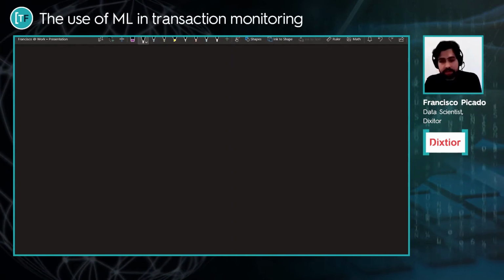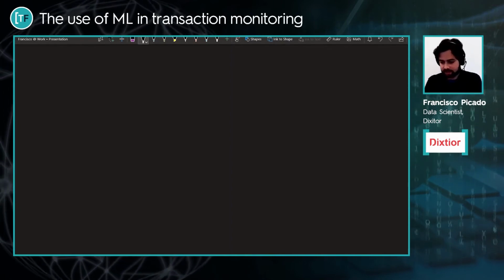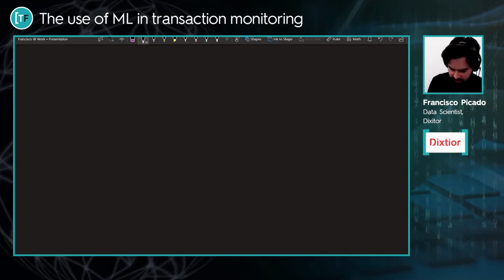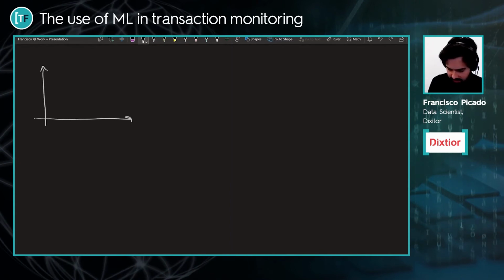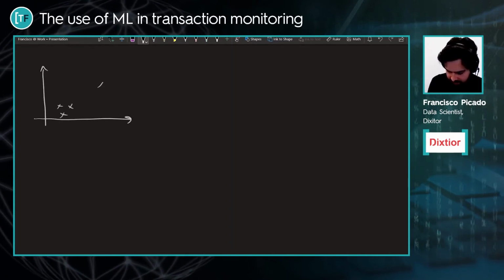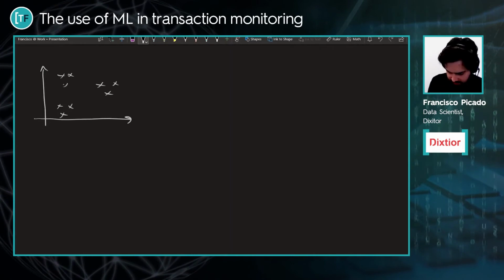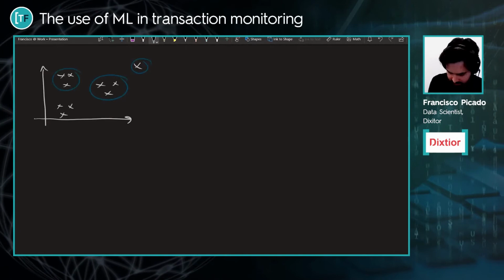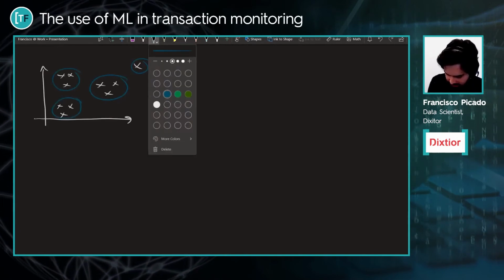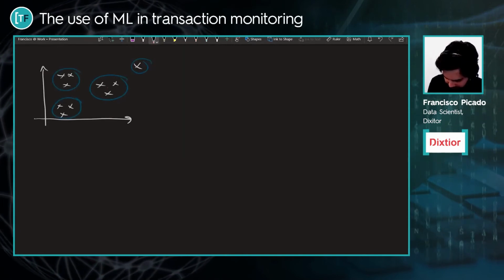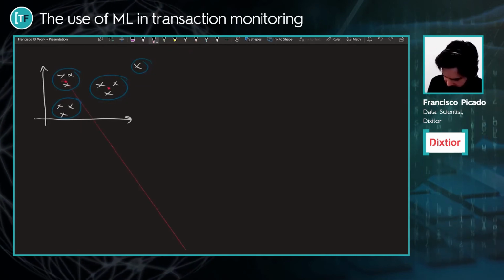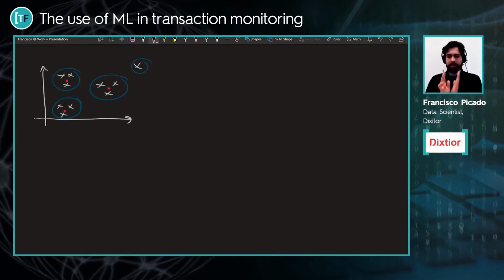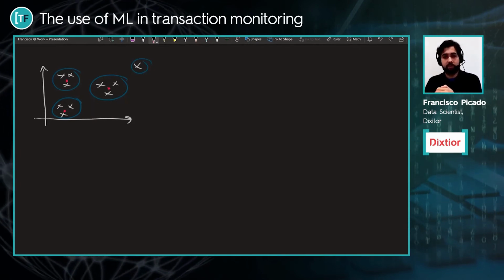So now the second part of our presentation is the more business-oriented part. Let's consider that we have some accounts over here, some accounts over here, and some accounts over here. And we've now got the clusters, and we have the center points of each cluster. Now it's the part where we talk about risk attribution.